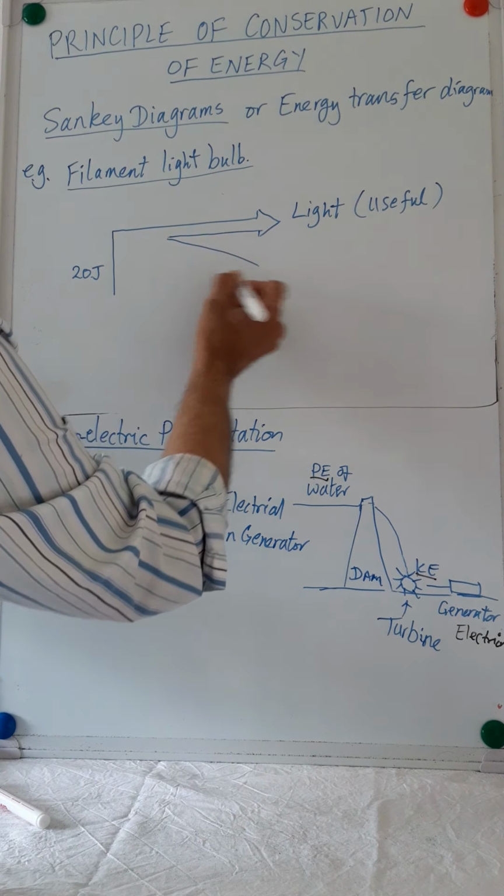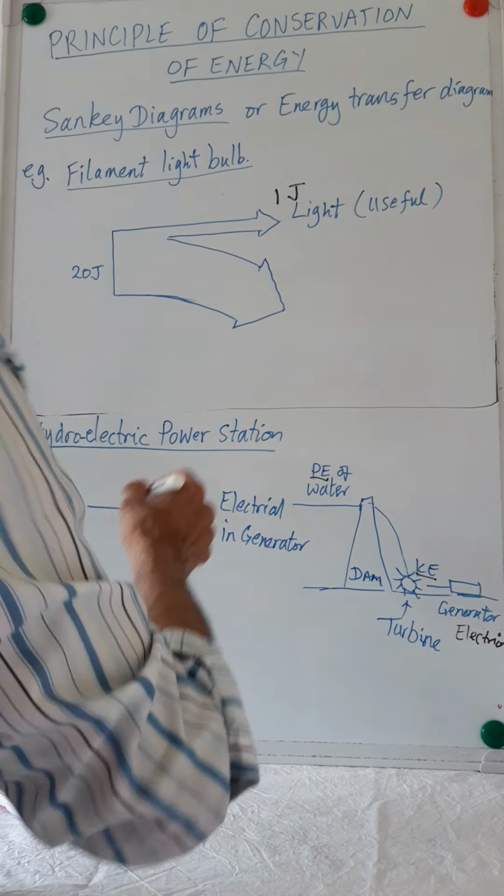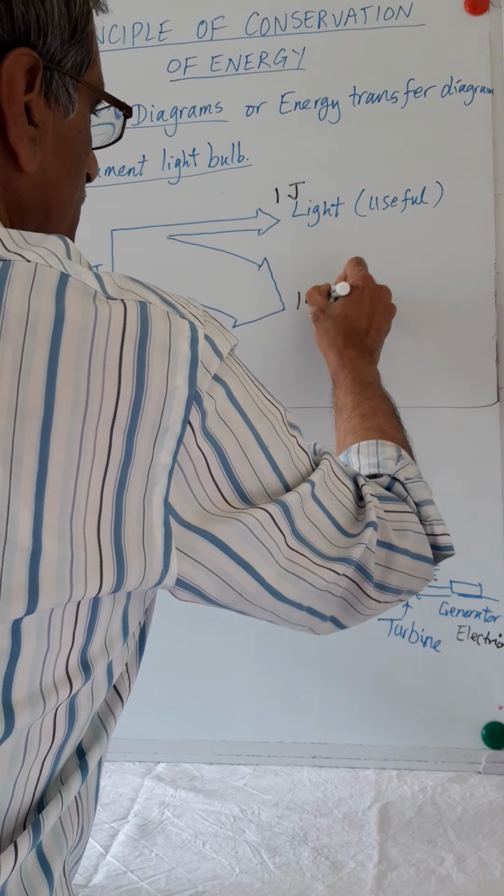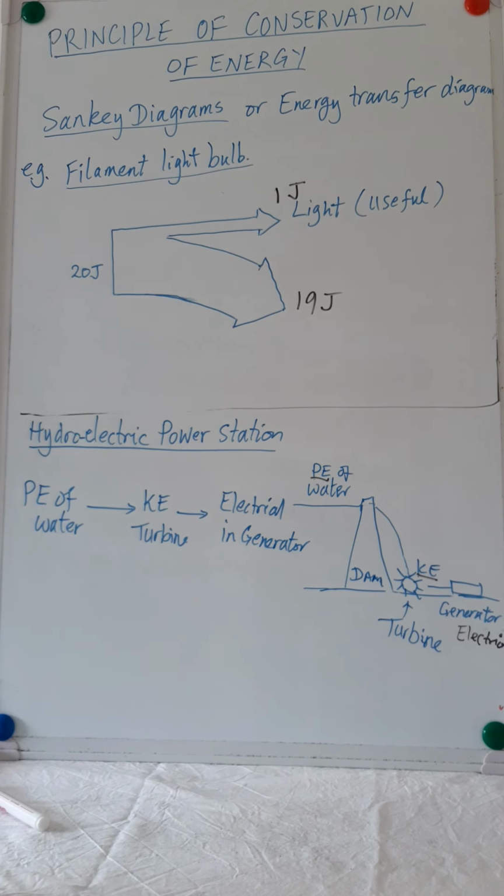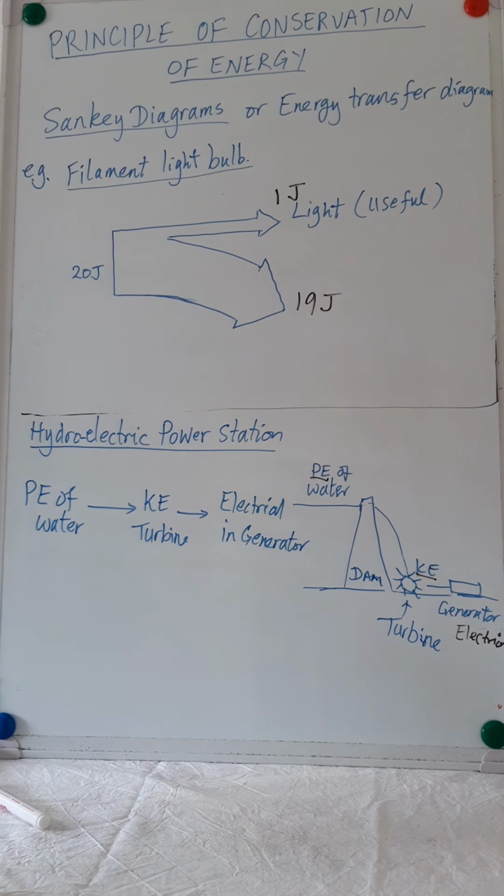If this is the 20 joules of energy that we put in, you'll find that only 1 joule of this gives you the light energy, and 19 joules is wasted as heat.